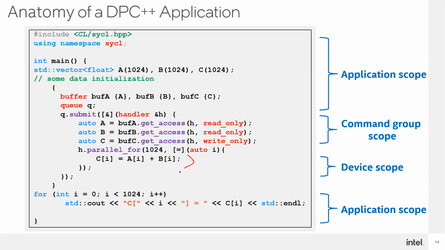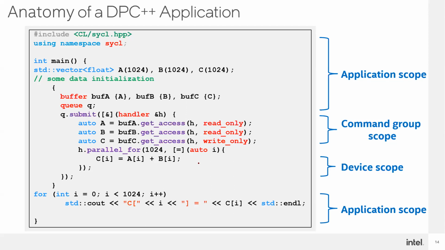There are no exceptions, so you cannot work with exceptions inside this code, and so on. In the past, it was not possible to use function pointers, but we do have extensions which allow you to do this. Just keep in mind that not all C++17 features are possible inside the device scope.